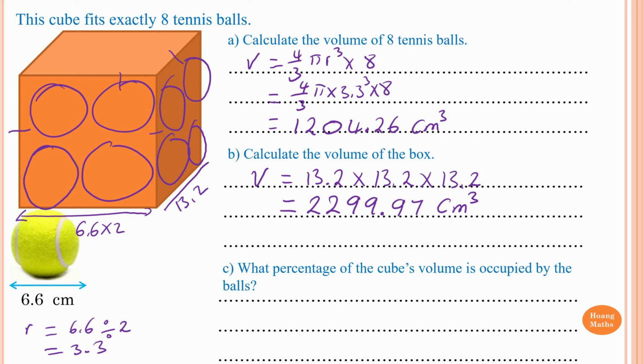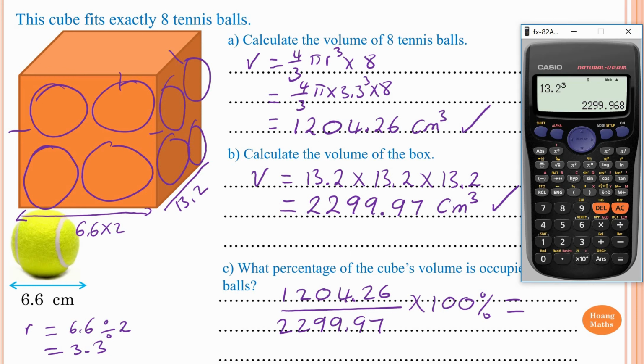Part C. To work out the percentage of the volume of the cube occupied by the balls, all we need to do is use the volume of the balls over the volume of the box and then times by 100, of course. So we just go 1204.26 over 2299.97 times by 100% because we want a percentage.